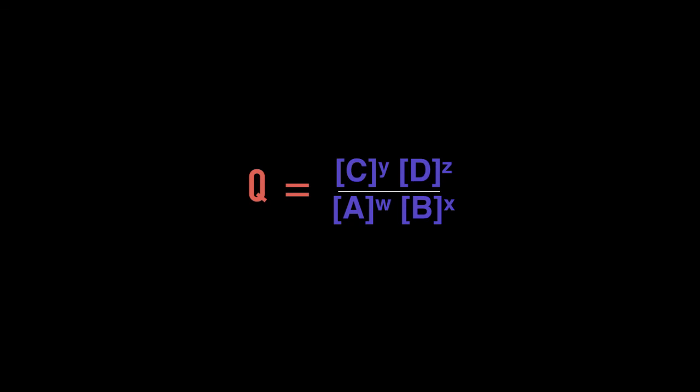We can compare Q and K. If Q is less than K, then some reactants must be converted to products for the reaction to reach equilibrium. And if Q, the reaction quotient, is greater than K, then some products must be converted to reactants in order to reach equilibrium. So this is the reaction quotient, and the equilibrium constant is just the reaction quotient at an equilibrium state.